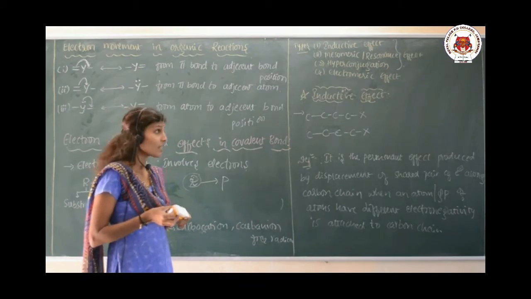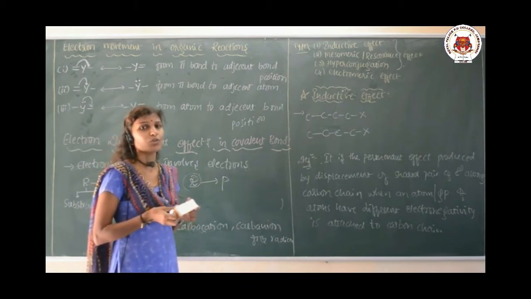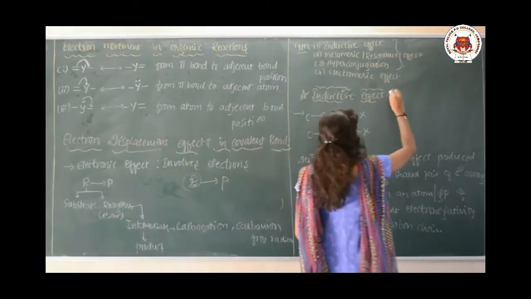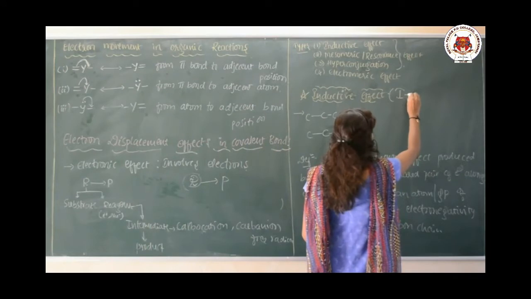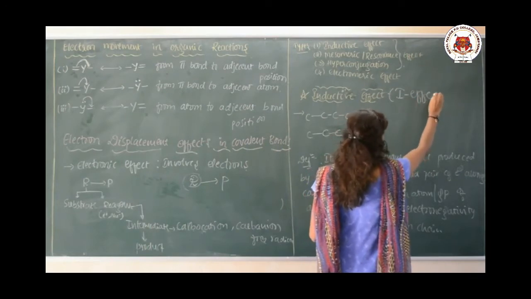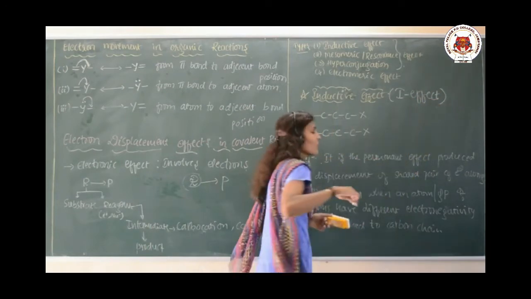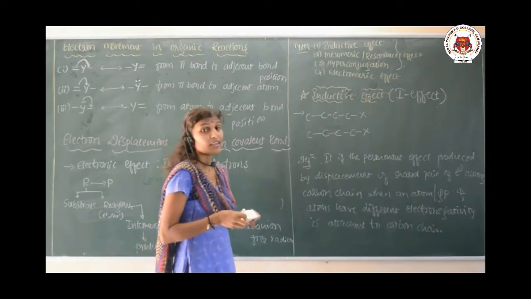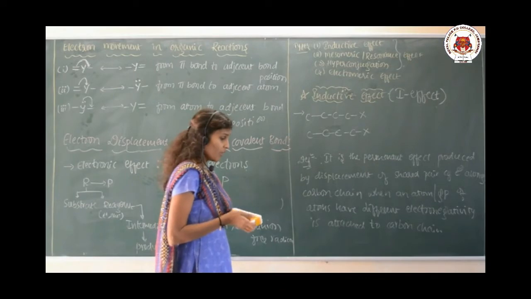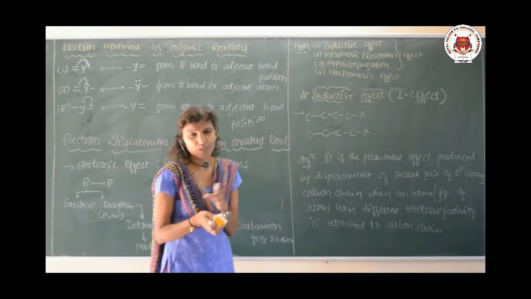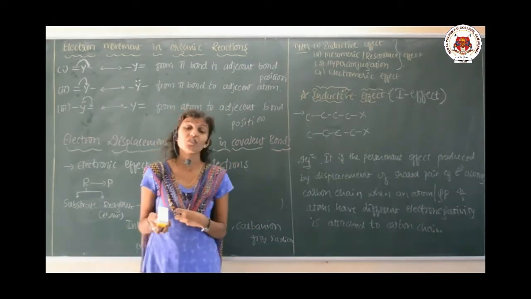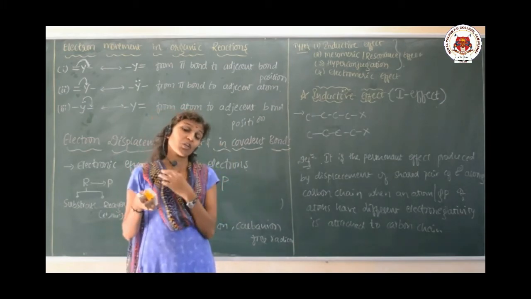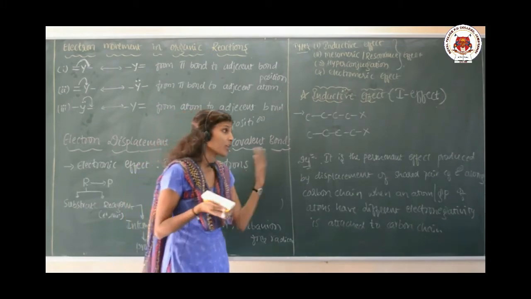So, let us go for the inductive effect first. The inductive effect is shortly denoted by I effect. Whenever a carbon chain consists of an electronegative atom, what does it mean?